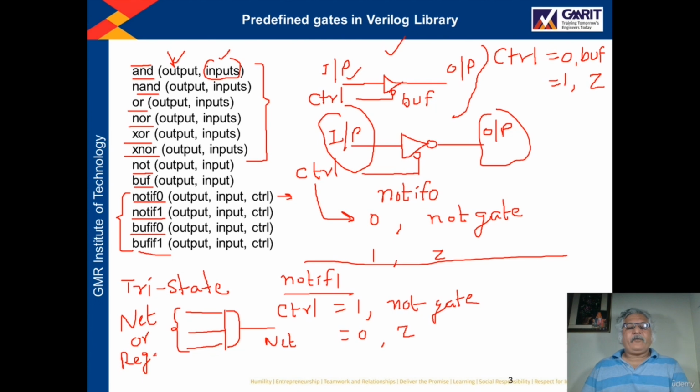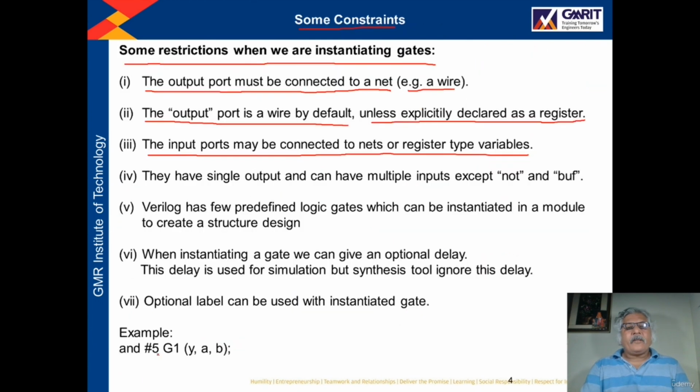So this is one restriction. Another is they have a single output and can have multiple inputs, except NOT and buffer, right? So except the NOT gate and buffer, all the gates have multiple inputs.